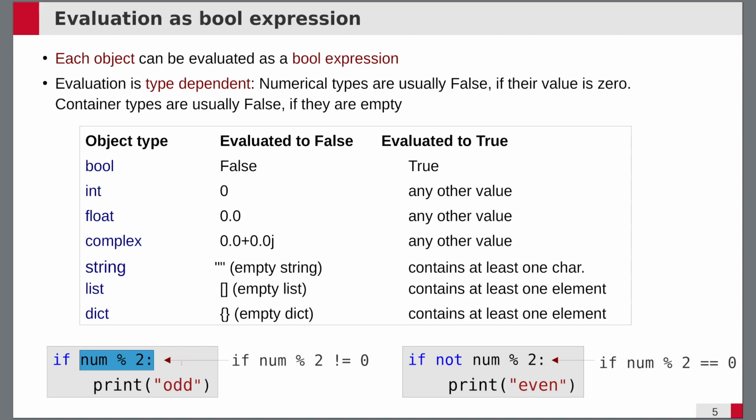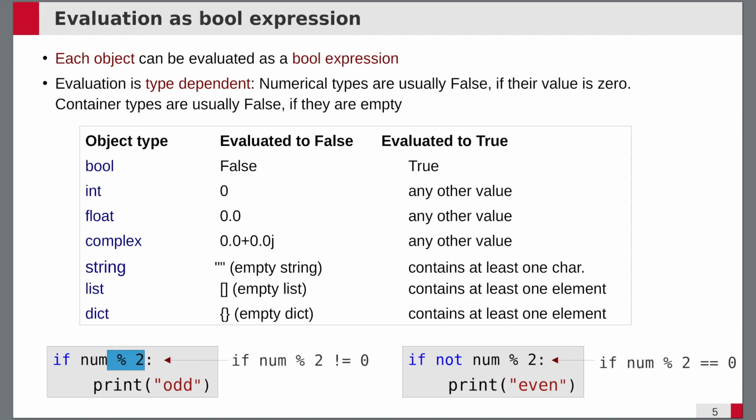For example, if you have a number and you are dividing by 2 and looking at the remainder, if the remainder is not 0, then that means this number is an odd number, because there was a remainder which was non-zero. Now you can also write it somewhat shorter using these Boolean things in Python.